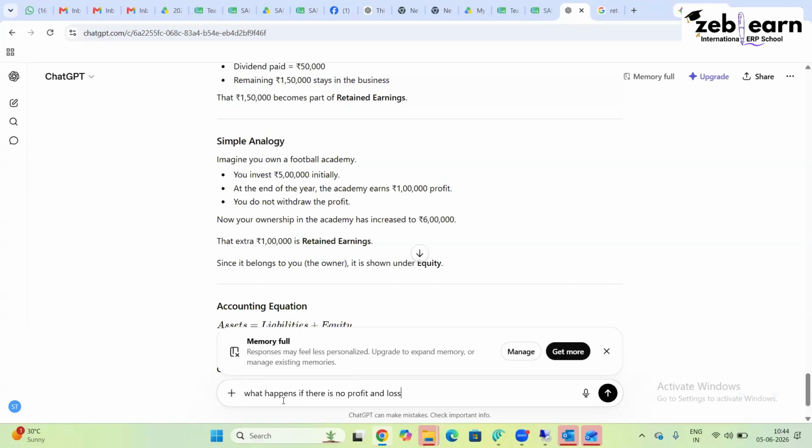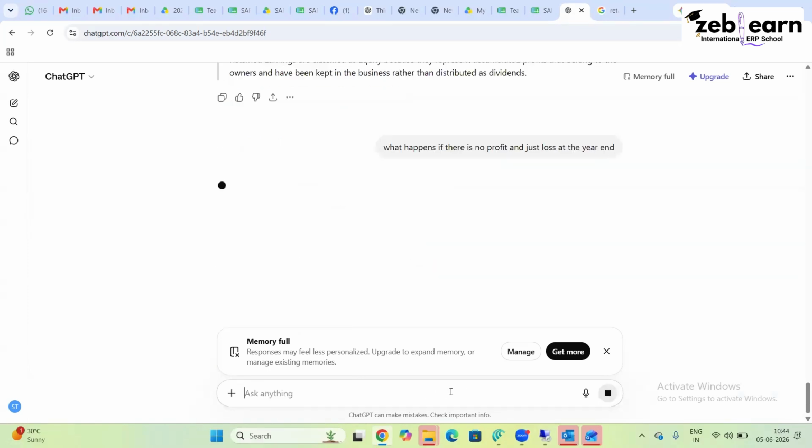We will minus it from the equity. But will it still be treated as equity? It will be shown under equity, but it will not be in the positive aspect. What if there is no profit, just loss at the year end?